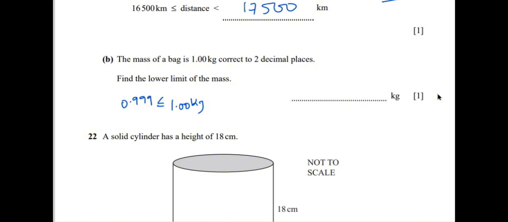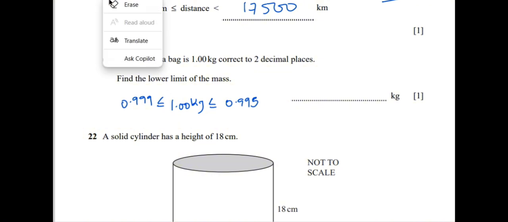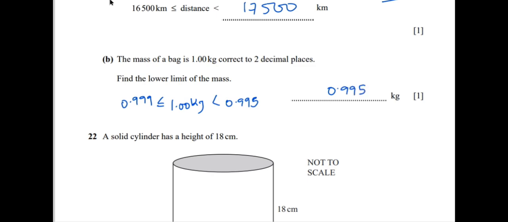Just like what happened here, the lower bound is going to be 0.995. Oh, it should be less than, not less than or equal to. So take note of that. That means if you have 4 here, by the time you do it, that's what we are going to have here. So the answer is going to be 0.995. This is the lower bound of the particular number that we approximated to give us that value.